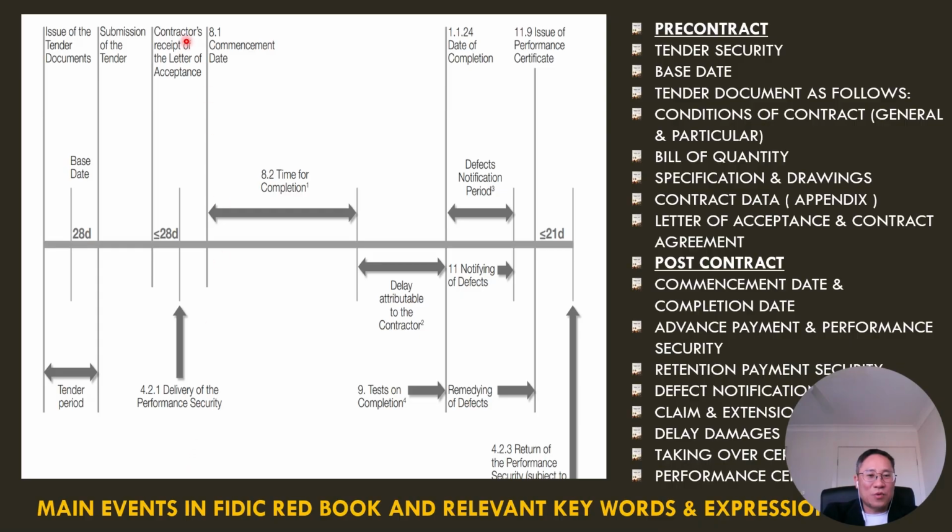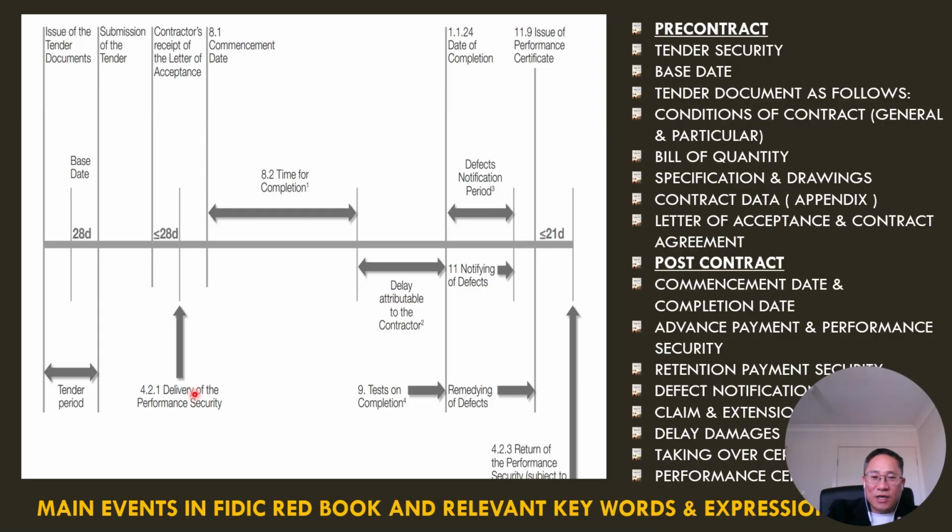Moving forward, I will explain about the post contract. Before the post contract, the contractor, or the successful tenderer, has to submit the performance security to the employer before any work can commence on site.